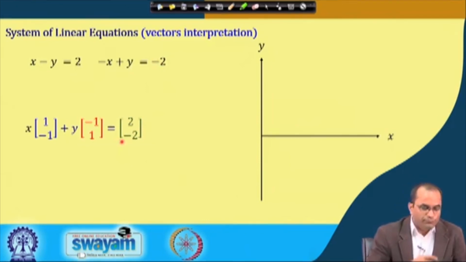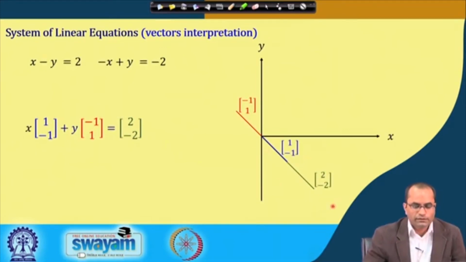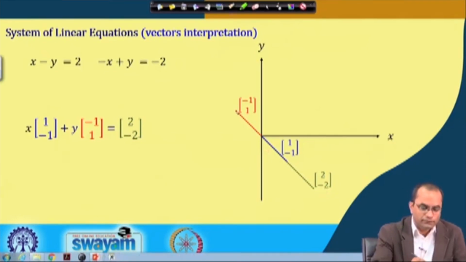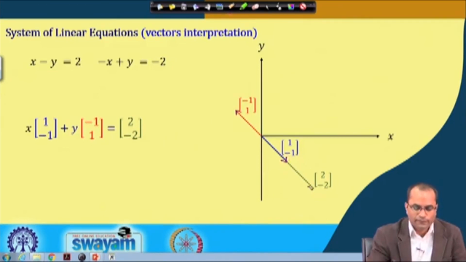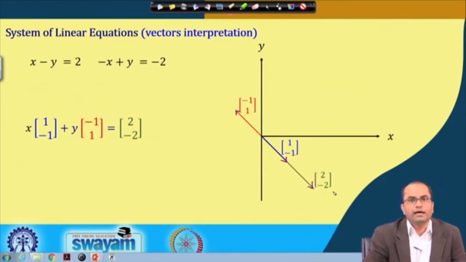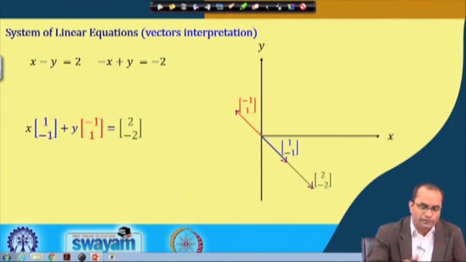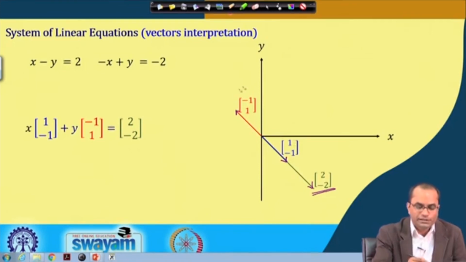So, now if we plot these vectors, the one here 1 minus 1, then we have minus 1 1, and the other one is 2 and minus 2. So, we have these three vectors. It is very clearly visible now that this vector 2 and minus 2 we can get by one of these vectors, or by linear combinations.